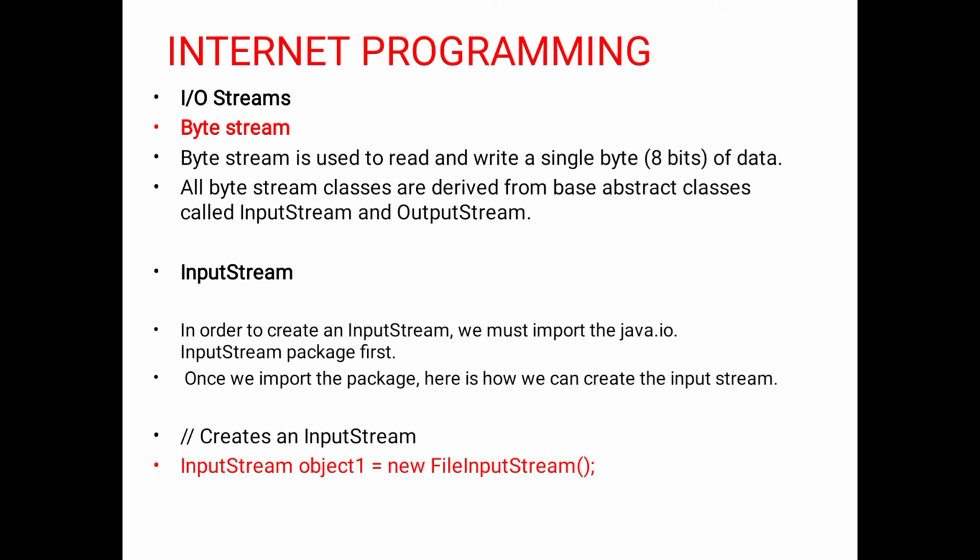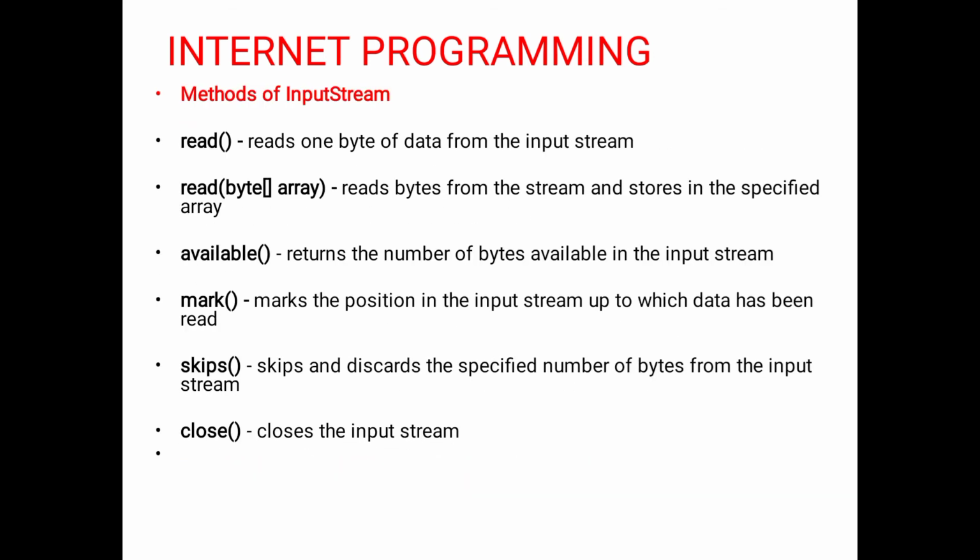How do we create an input stream? InputStream object1 = new FileInputStream(), I think this is the syntax for writing the input stream. There are several methods of input stream.